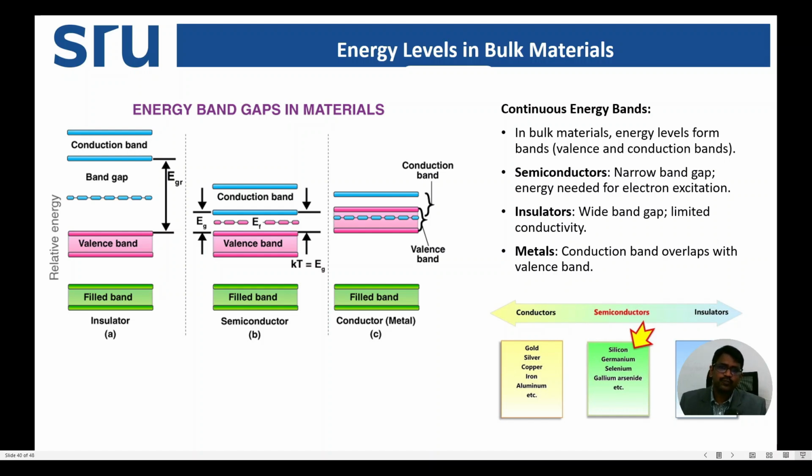So our prime focus is on nanomaterials, right? But before we focus on nanomaterials, we need to understand how the energy levels are formed, how the energy levels will be in bulk materials. So how are we making nanomaterials? We are making nanomaterials in two ways: one is the top down approach, the second one is the bottom up approach.